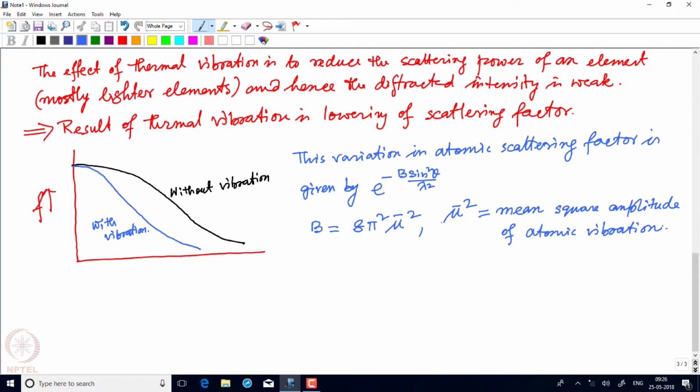So the actual F is equal to F observed multiplied by e to the power minus B sine square theta by lambda square.